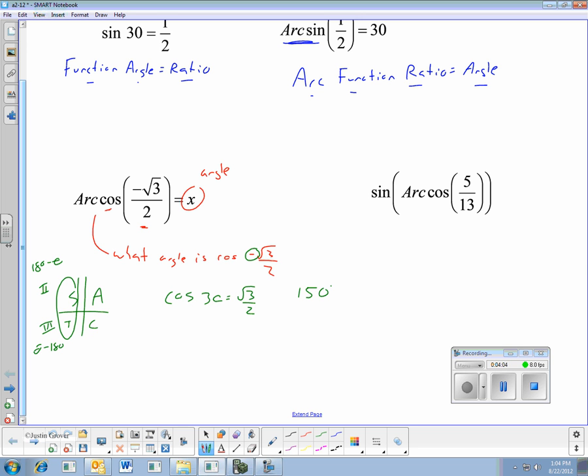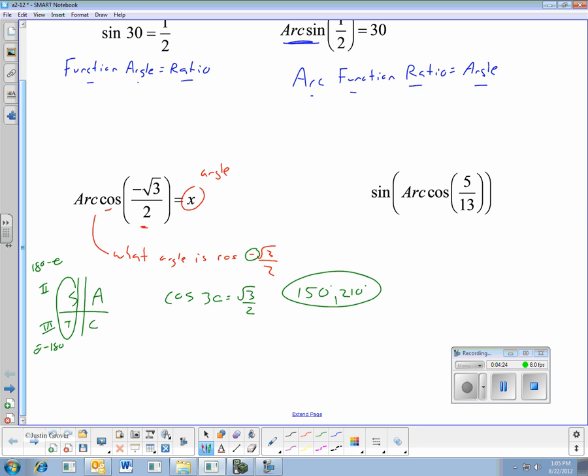So it's 180 plus 30 is 210. So cosine is negative rad 3 over 2 at 150 and 210. I can type that into my calculator, and I'll get a decimal, but it's equal to negative rad 3 divided by 2 at those angle measurements.